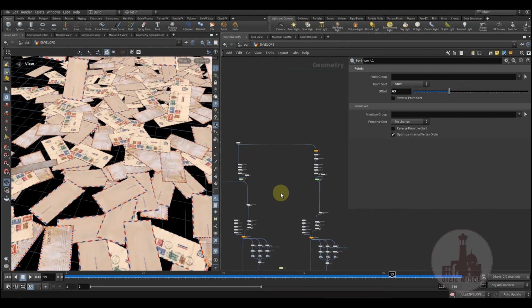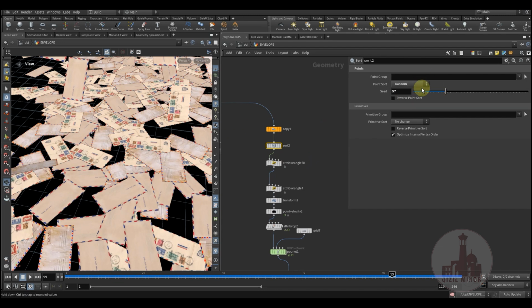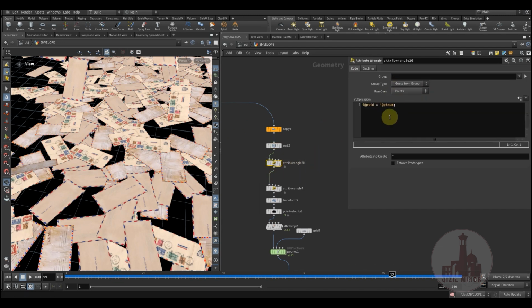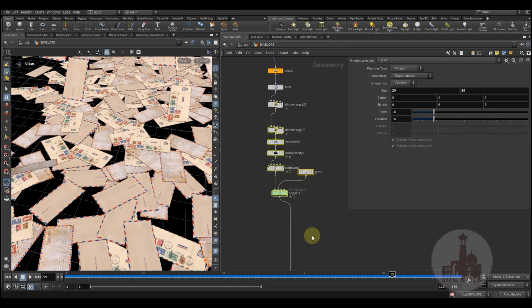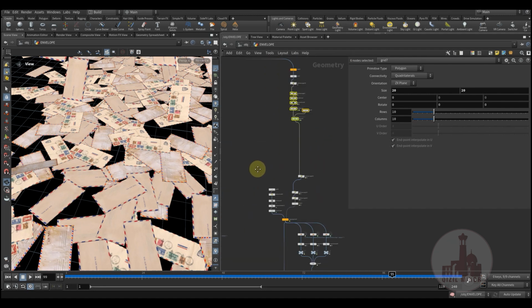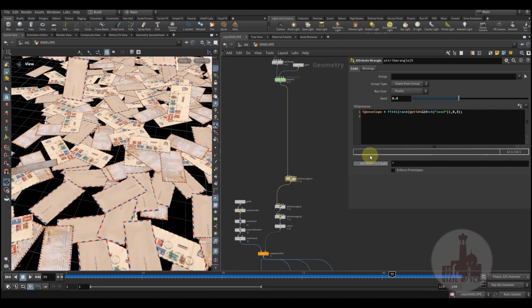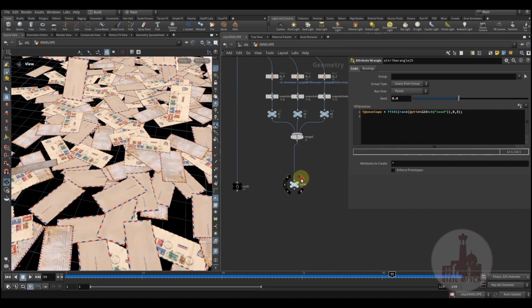Okay, and the last method is where I'm creating these 3 points and sorting them randomly, and I'm creating this PTID attribute. The same system goes here as well, and it's almost the same as this one, but instead of the ID attribute I'm using this PTID, with the same expression and the same procedure.